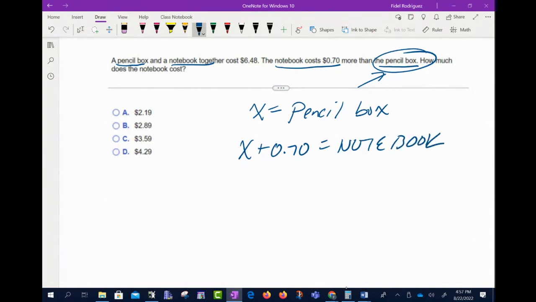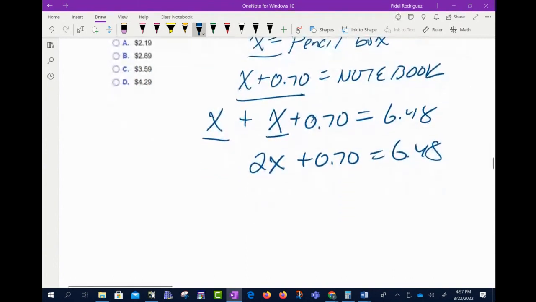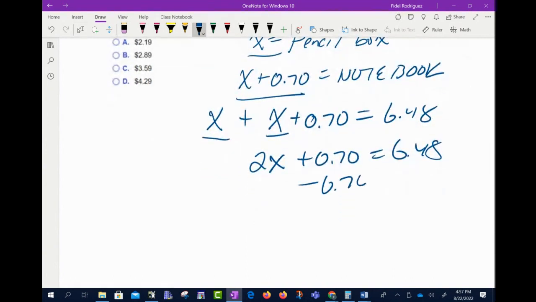Okay. Now, together, it costs $6.48. So that means a pencil box, which is X, plus the notebook, which is X plus 0.70, has to add up to $6.48. So look, we got two things. There's two X's. What I'm going to do now is subtract 70 cents.